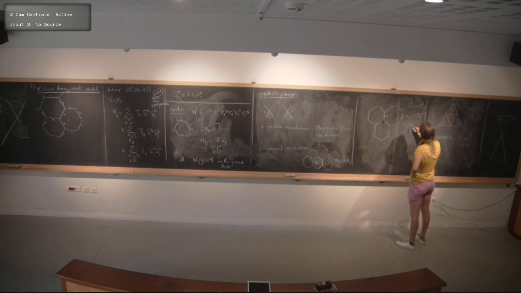ci mu cj mu times cj mu ck nu, cj ck nu, and so this is just, no, it's not 1 because it's not the same.